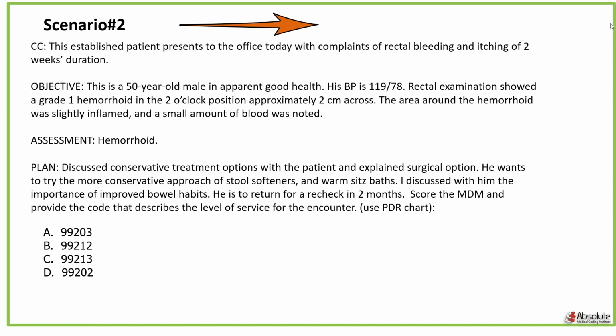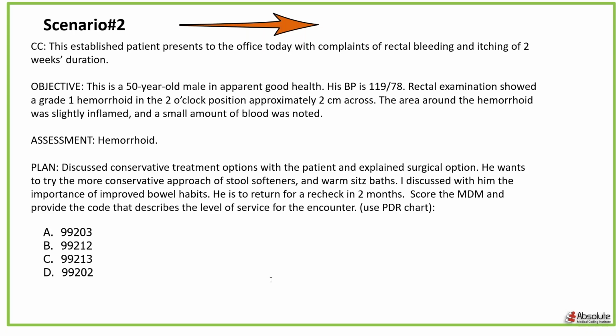All right, coders. Score the MDM and provide the code that describes the level of service for the encounter. A 99203, B 99212, C 99213, and D 99202. CC: this established patient presents to the office today with complaints of rectal bleeding and itching of 2 weeks duration.